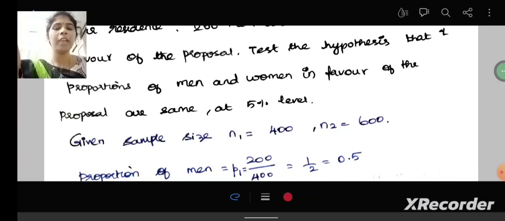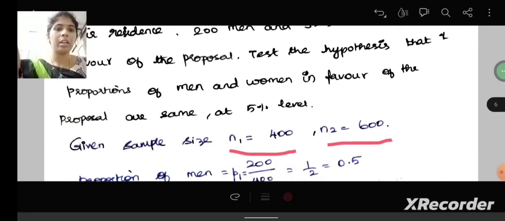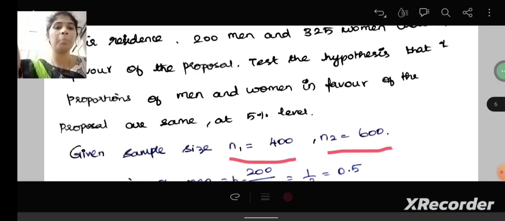Here n1 stands for the male population and n2 stands for the female population, that is, the number of men is 400 and the number of women is 600. Among the 400 men, 200 men only are in favor of the project.